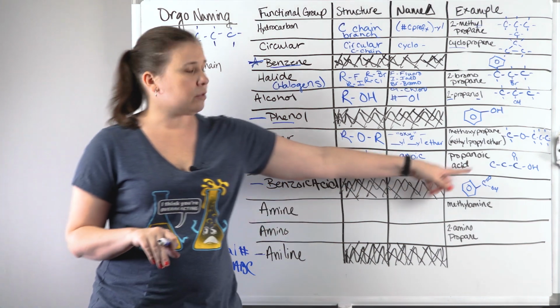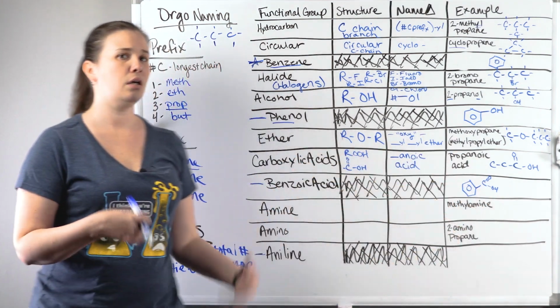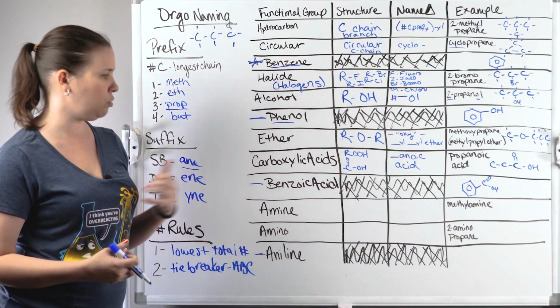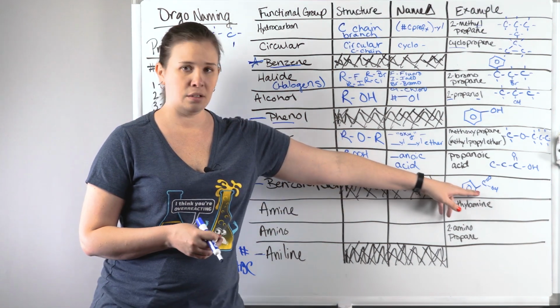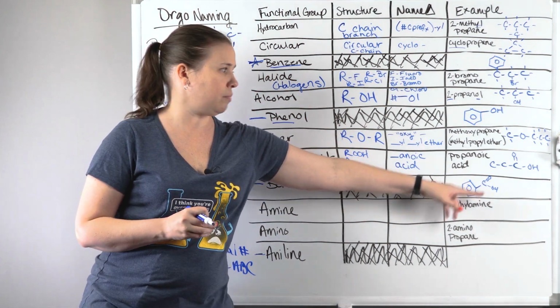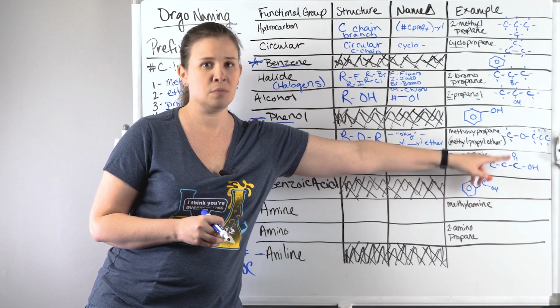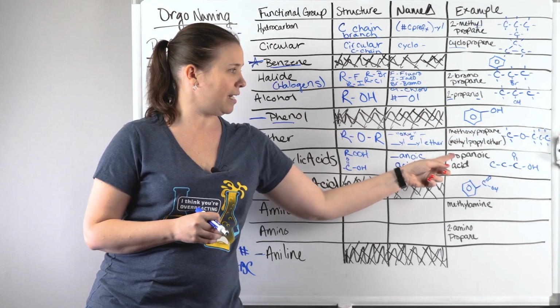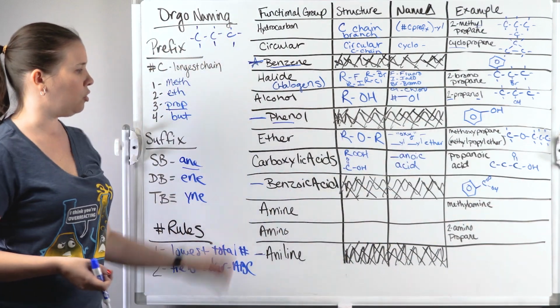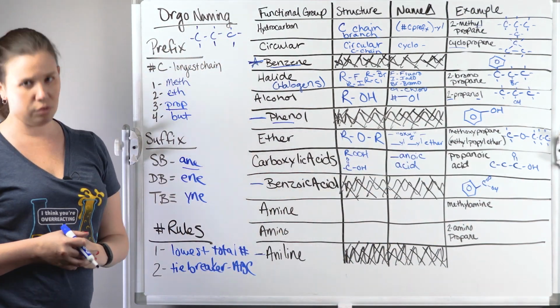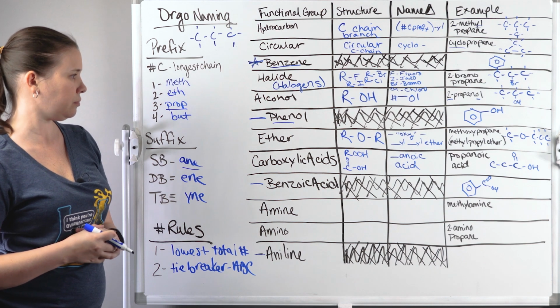There is no other way to attach a carboxylic acid group to a benzene without having that extra carbon. So it's just automatic. Don't over-apply that concept because if it's just a normal chain, then the carbon that's in the name is already counting. You're not adding an extra carbon in that case. You're only adding the extra carbon for the benzoic acid.